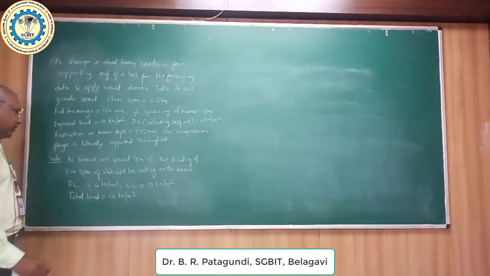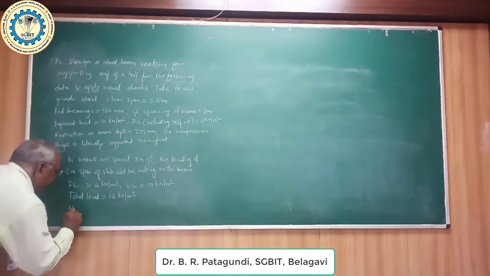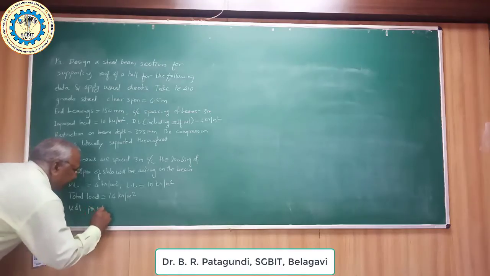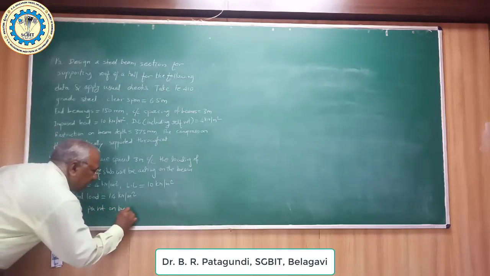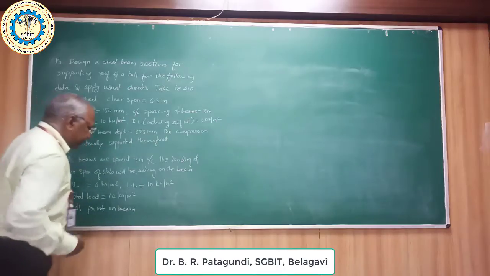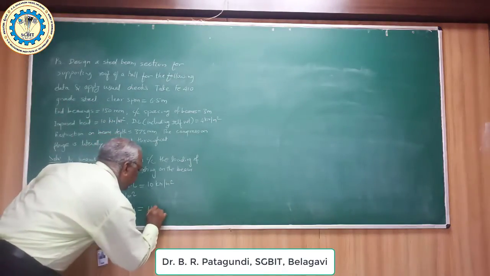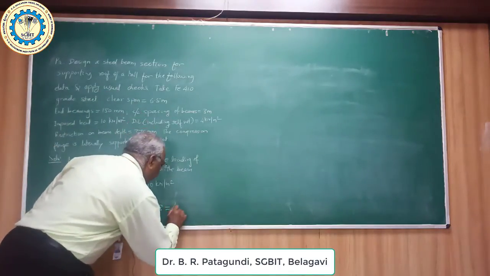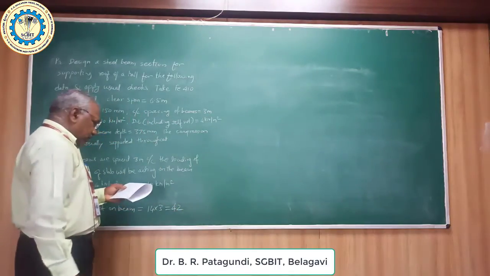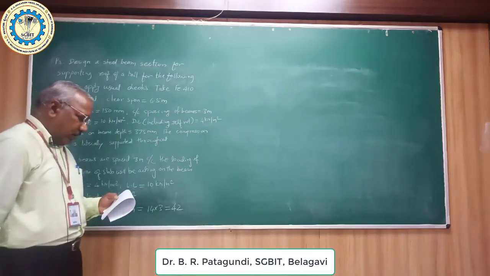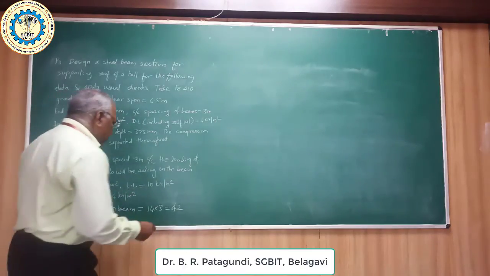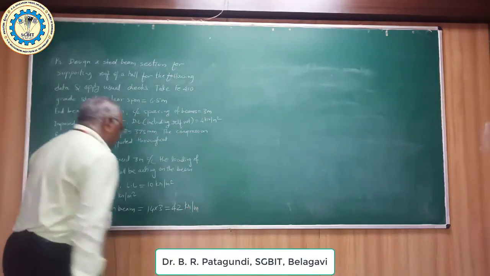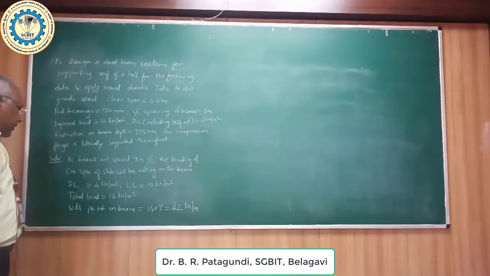Then UDL per meter run on beam is equal to 14 into 3, 42 kN per meter.